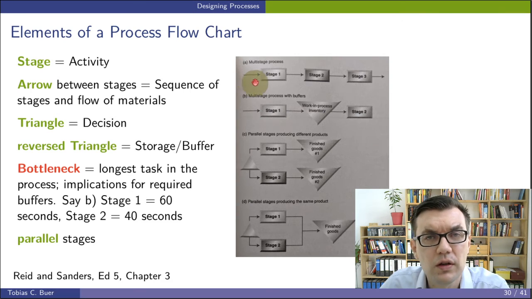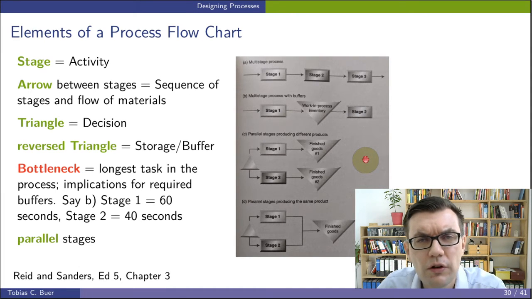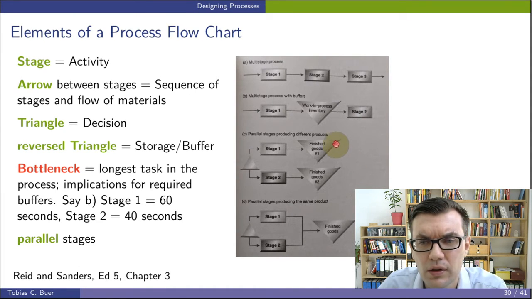First of all, you see the arrow that is connecting the symbols typically, the other symbols. You see the rectangles, the boxes, written with stage 1, stage 2, stage 3. All the rectangles are part, and we see two different types of triangles.